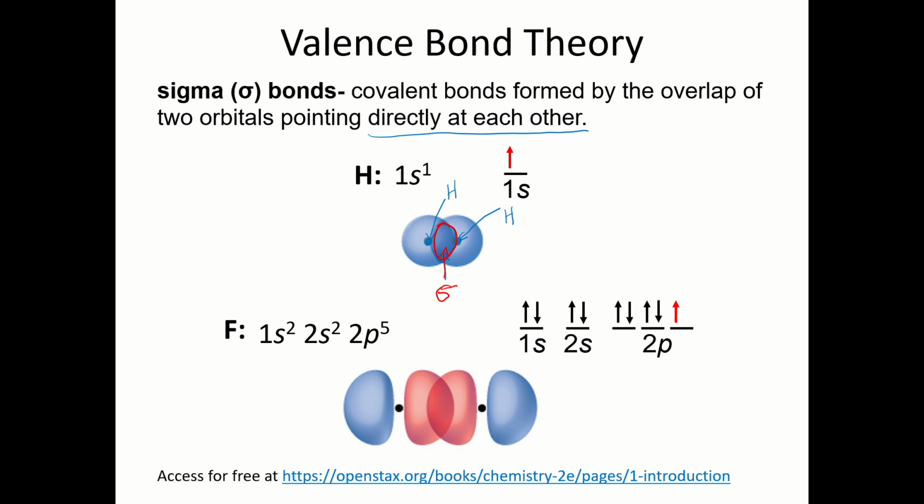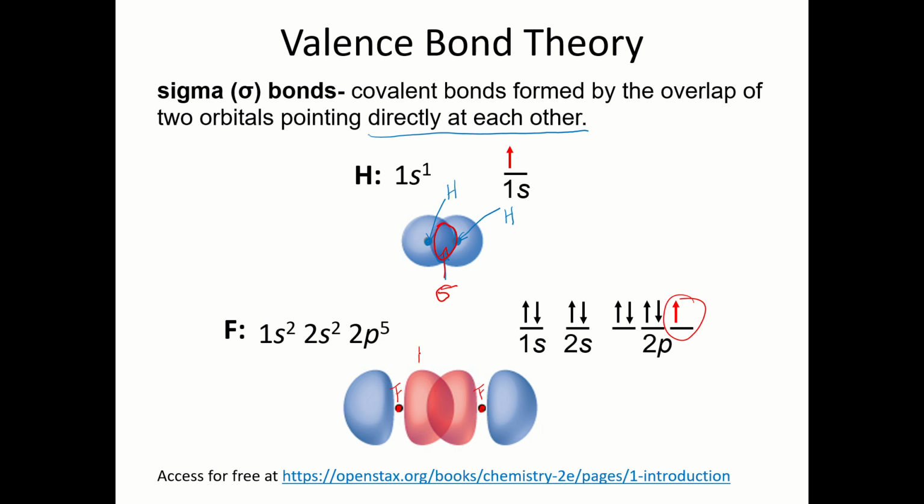And then we have 2 p orbitals that you can see below, right? And again, at the center, we have our nuclei, and you would have 2 F atoms, and these are the p orbitals. And so you would have 1 unpaired electron for each fluorine in that 2p.